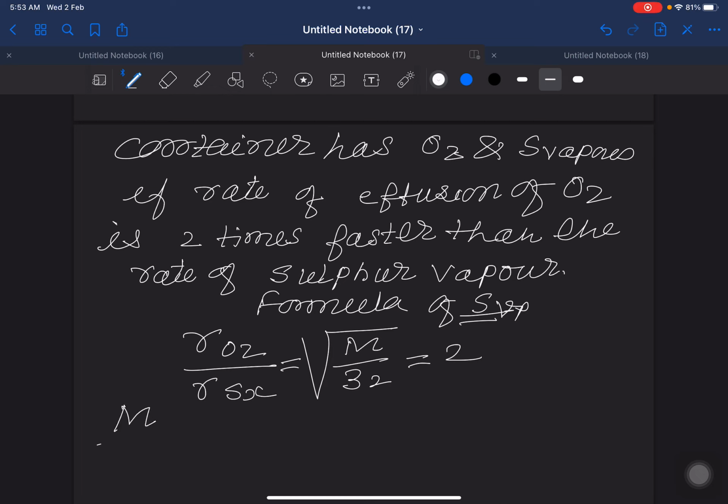M upon 32 is equal to 4. So M is equal to 32 into 4. One sulfur is having weight 32. So formula is S4. Formula of sulfur is S4.